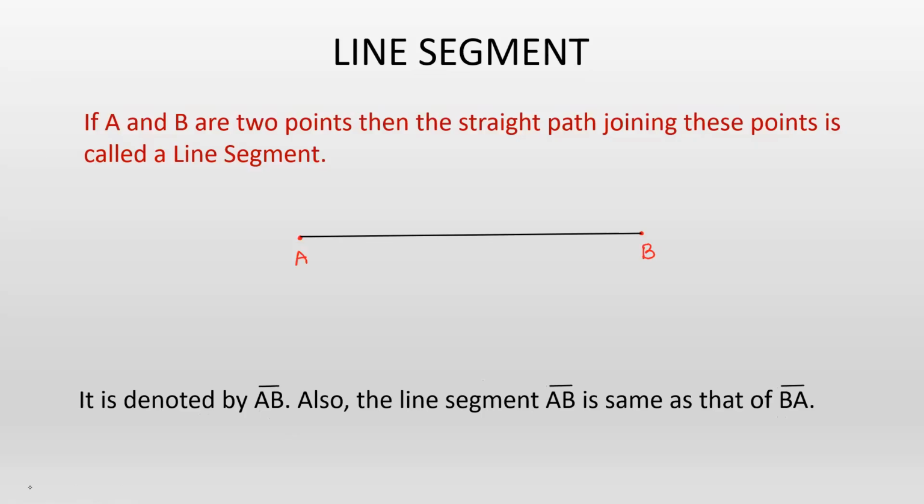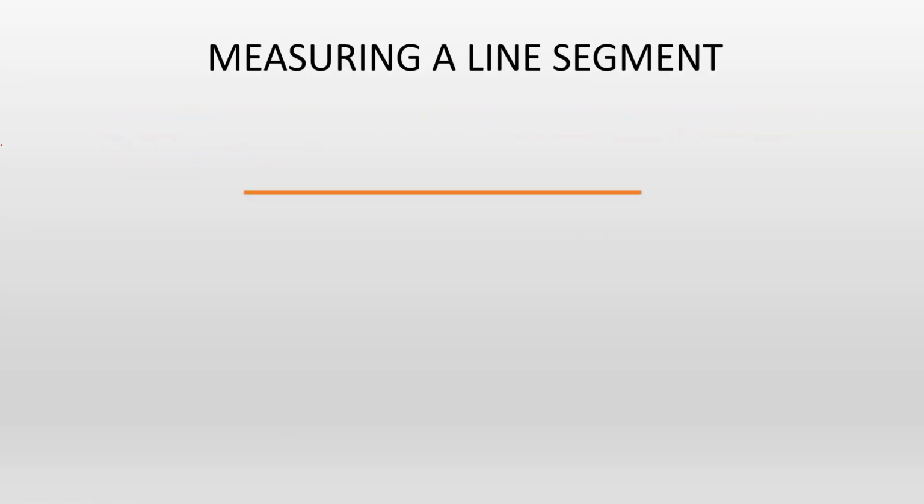Now, let us understand how to measure line segments. We have the first example over here. Let us call it PQ. Now we have to measure the length of PQ. For this we require a ruler.